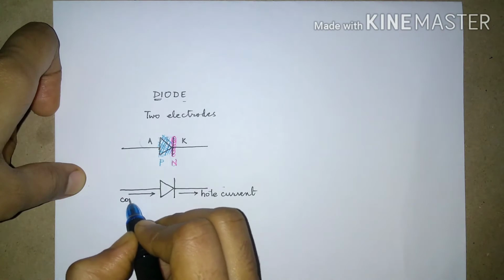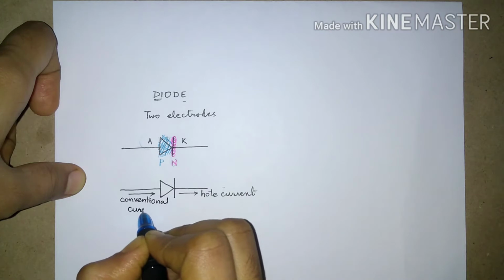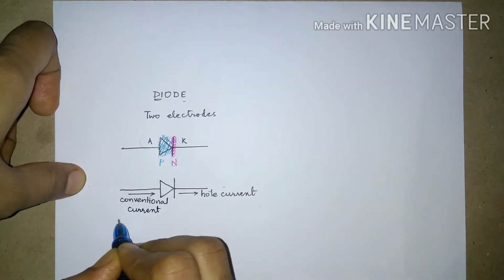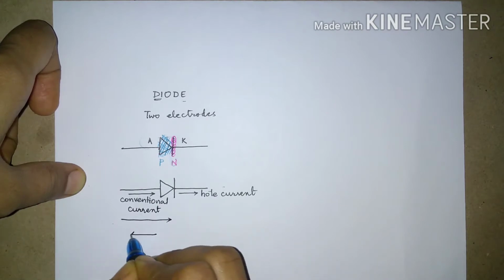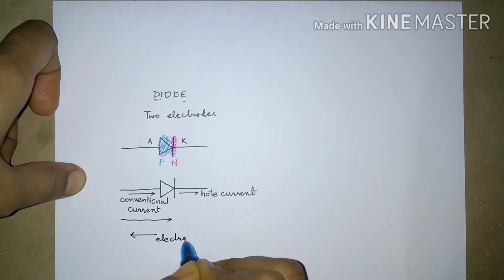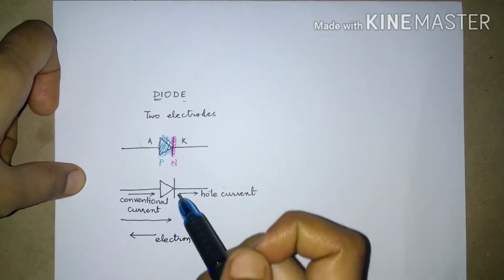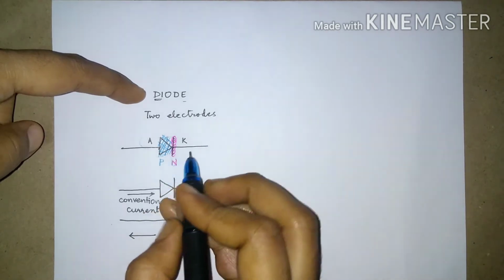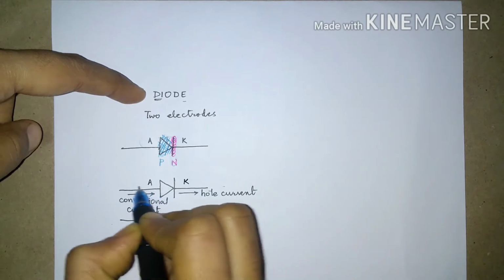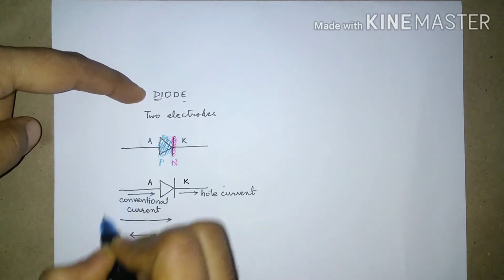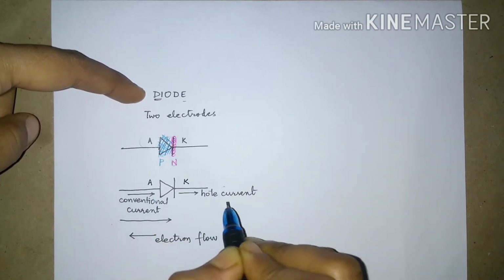So this indicates conventional current. If conventional current is from left to right, then electron current will flow from right to left. So current flows from anode to cathode through the diode, not the other way. This becomes the electron direction and this becomes the hole direction.